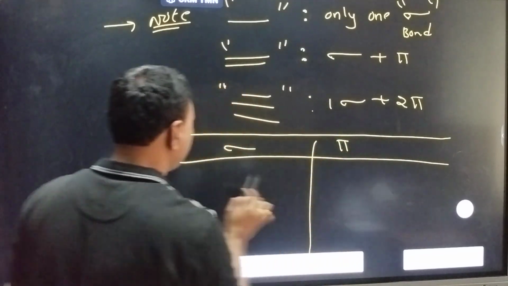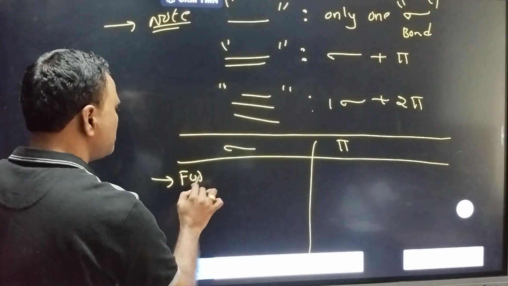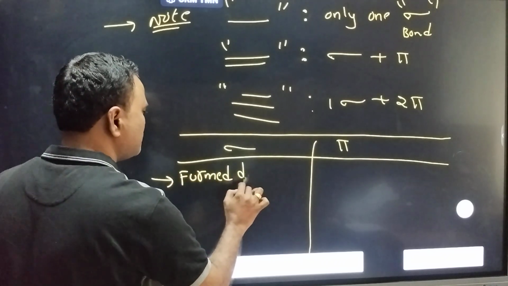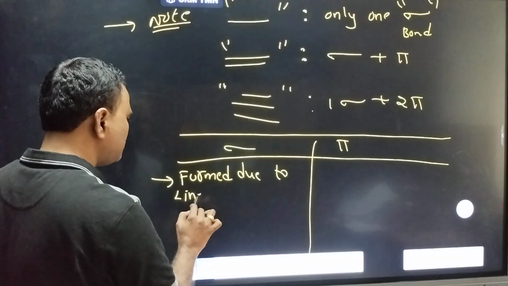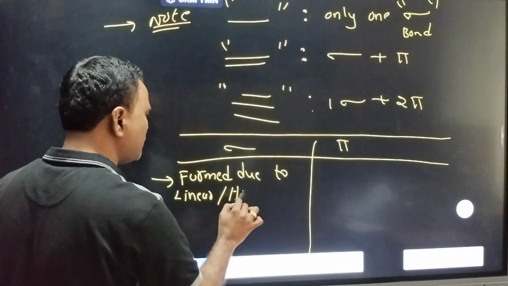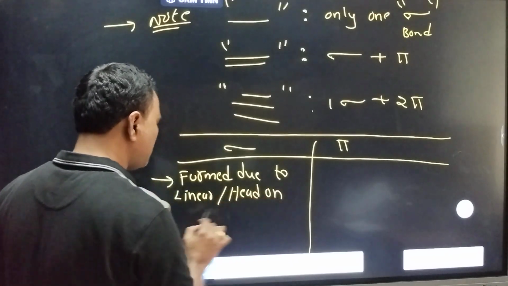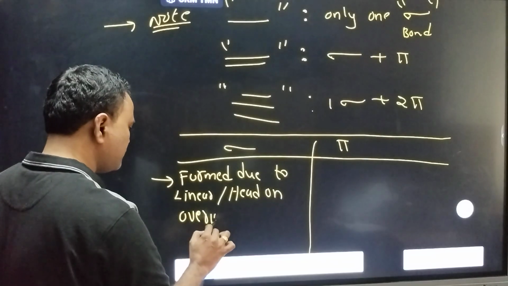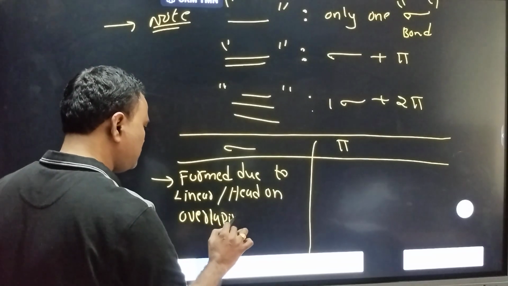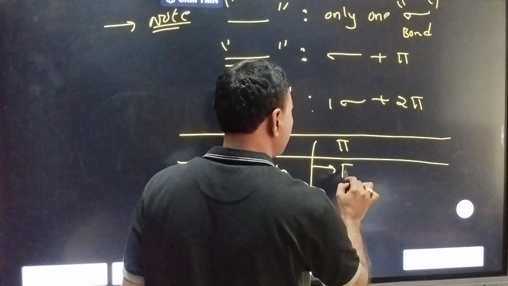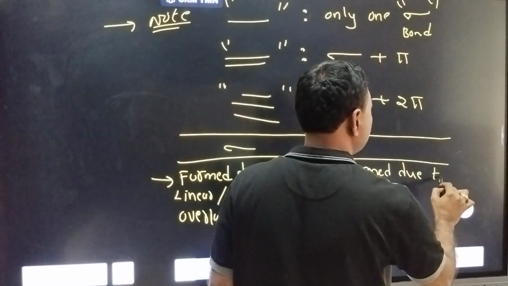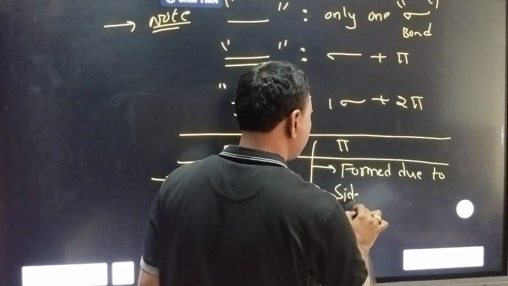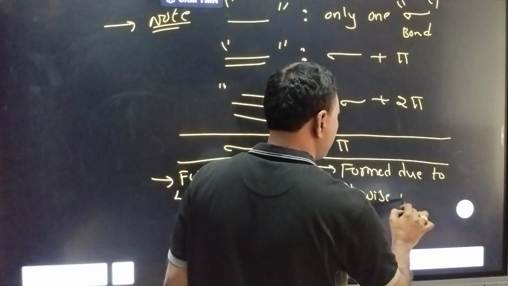Sigma bond, pi bond. Sigma bond is formed due to linear or head-on overlap. Pi bond is formed due to sidewise overlapping.